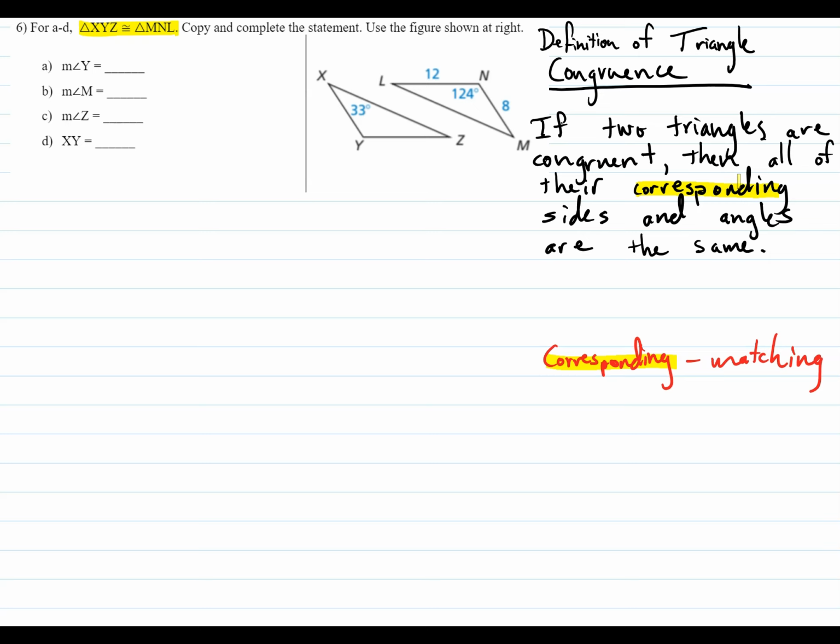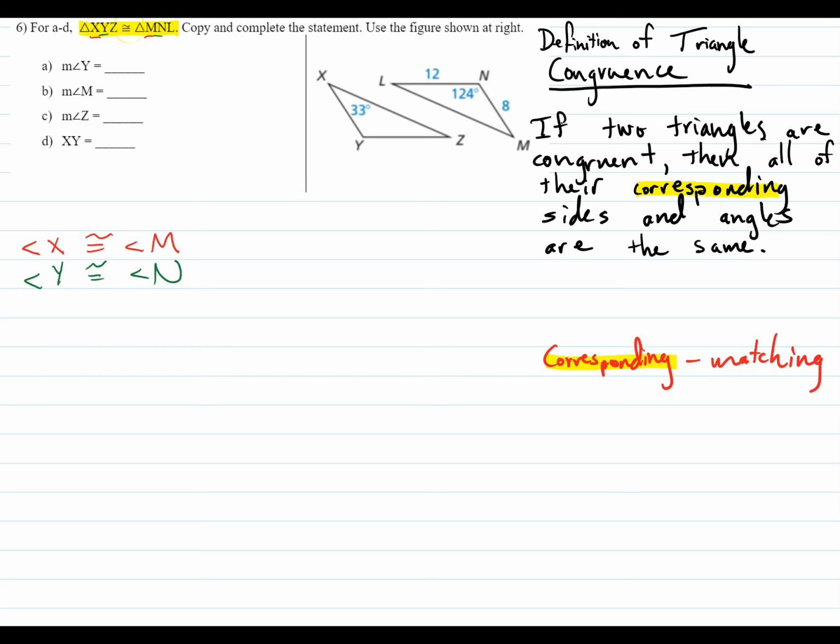Okay, so this one's a little tricky. The way you have to tell is the ordering of the letters. So because X and M are the first letter in each congruent statement, that means angle X is congruent to angle M. Then the second letters are Y and N. So angle Y is congruent to angle N.